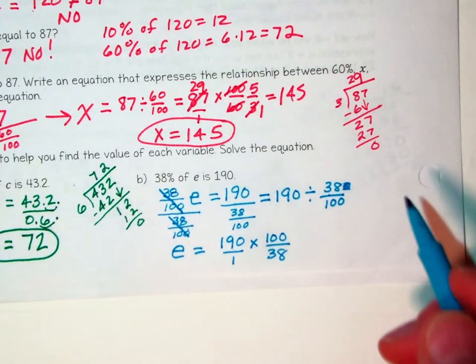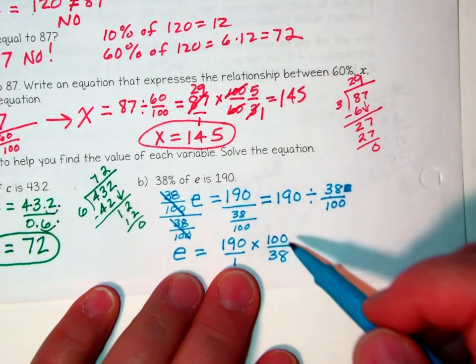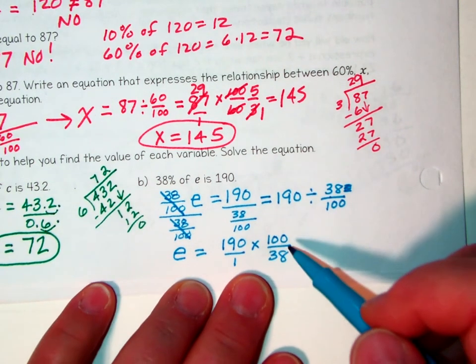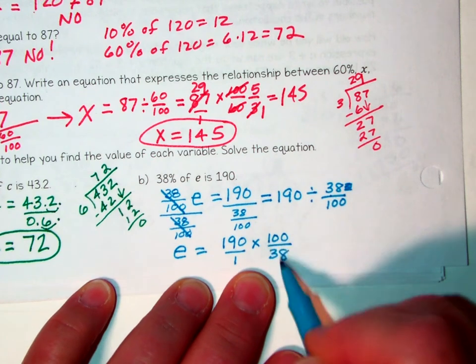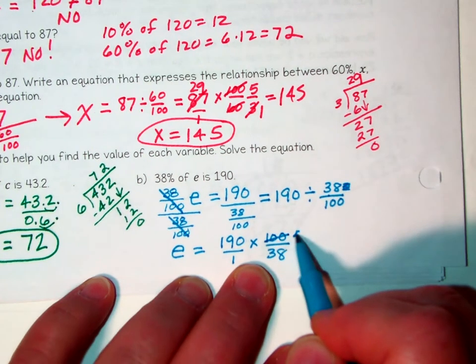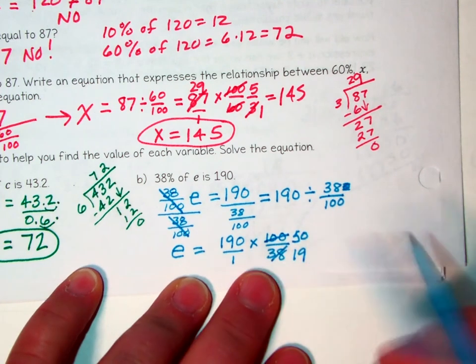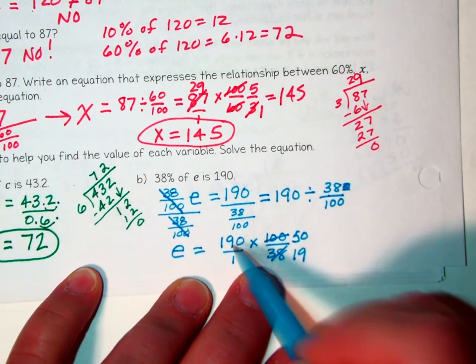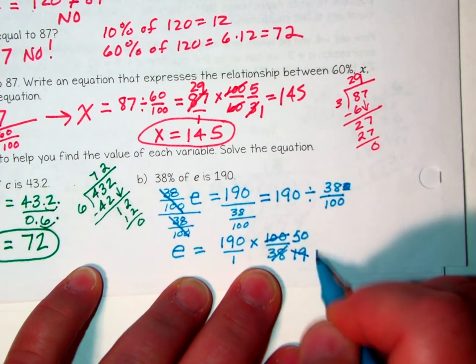I could do some simplifying. I could start actually with just the 100 and 38. If I divide both of these by 2, because they're even numbers, 100 divided by 2 is 50, and 38 divided by 2 is 19. And that worked out nicely because now I can see 190 and 19 can both be divided by 19.